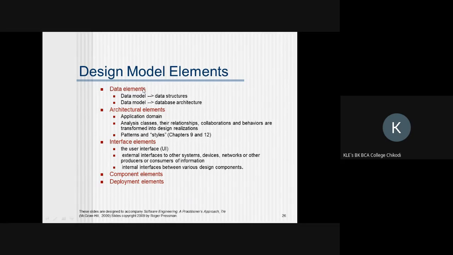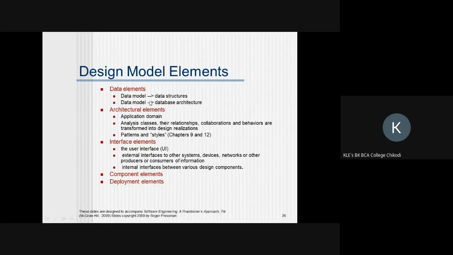Model design elements. Data elements. Data elements have to fulfill the data requirement, the data model. That means what type of data structure is appropriate for holding the data and what kind of data structure is suitable for the context of implementation that we have to see.